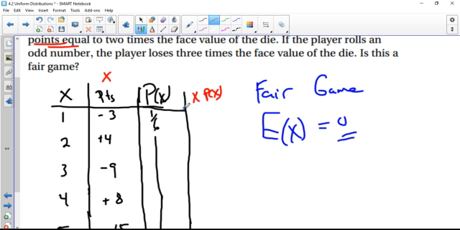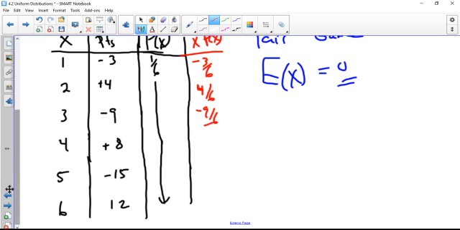So xp at x will yield a -3/6, a 4/6, and -9/6, 8/6, -15/6, and 12/6.